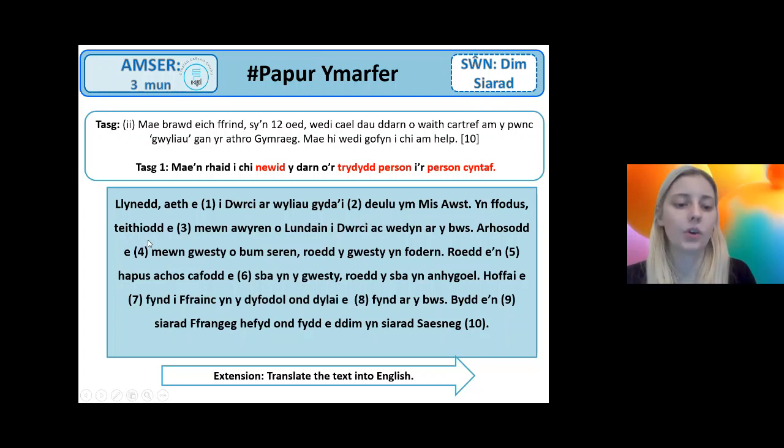Then you have Teithiodd A, he travelled, and we need to switch that to I travelled. And if you notice, everything is numbers, so it's a bit nicer than GCSE, where they could potentially number these in the exam. Then you have Arhosodd A, he stayed, so you need to change that to I stayed.